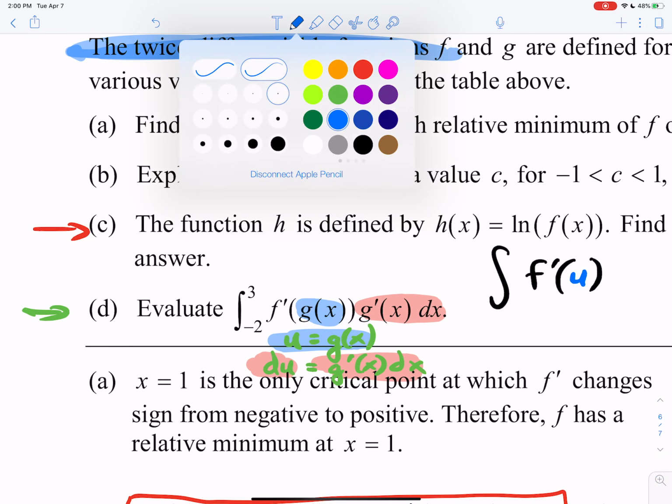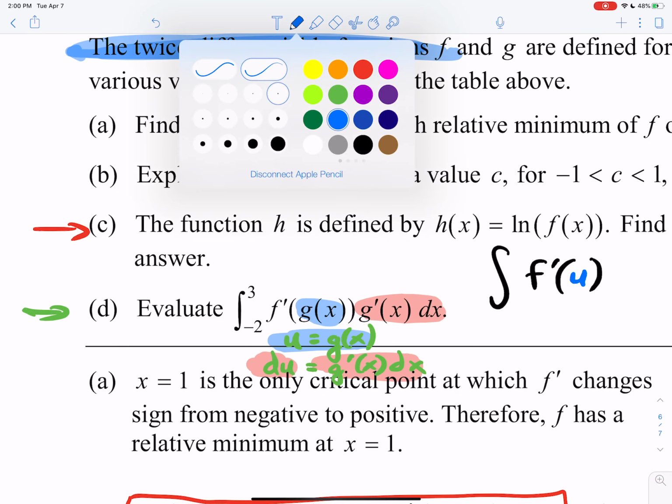Initially right here, x is equal to 3, and here x is equal to -2. To find u, we're going to plug it in to find out what u is. So u is equal to g of 3. What's g of 3?